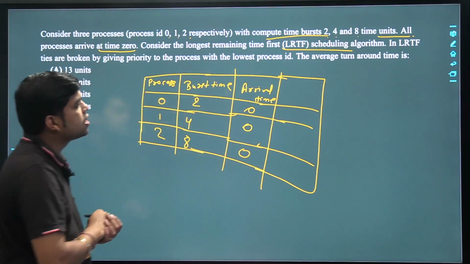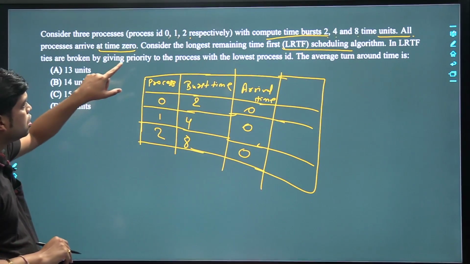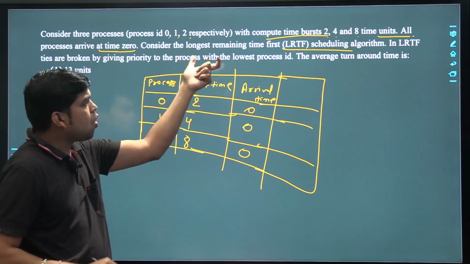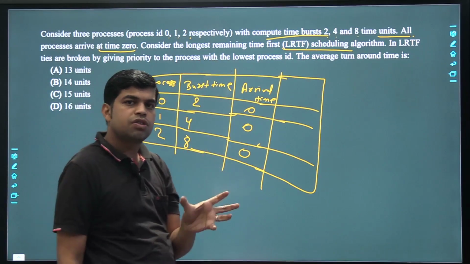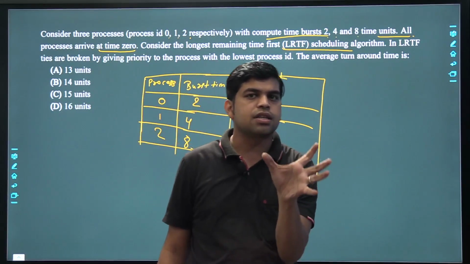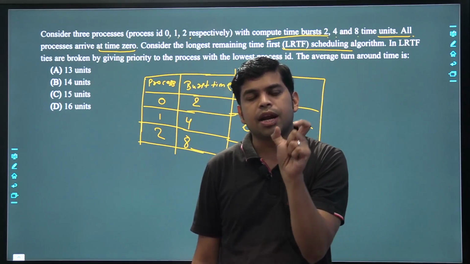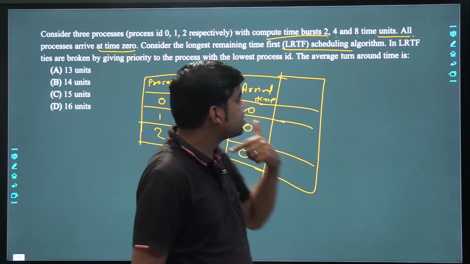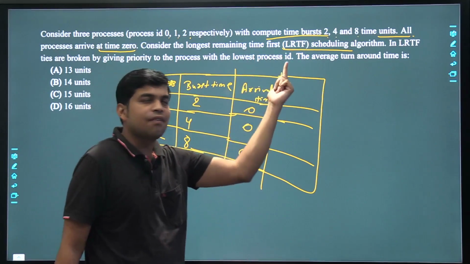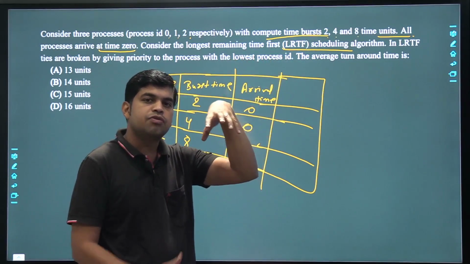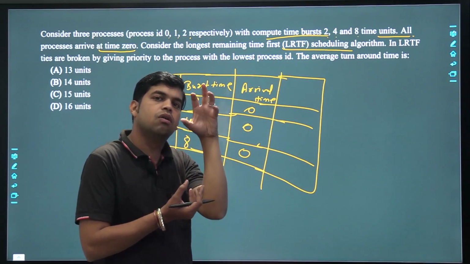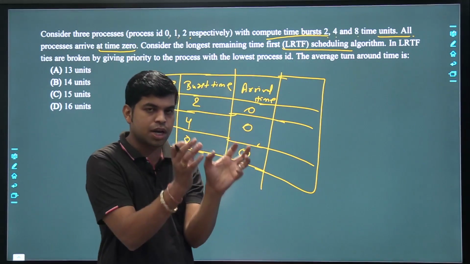Now what is the next data given in this question? Consider longest remaining time first. As we already discussed, shortest remaining time first means we execute first those processes whose remaining time is minimum. But here it is the reverse concept, called LRTF, longest remaining time first, meaning we execute first those processes whose burst time is maximum at that particular time.